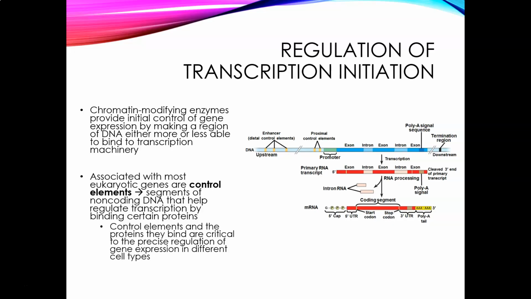So that non-coding DNA helps to regulate transcription by being basically binding docks for other proteins that help to ensure that the RNA polymerase binds appropriately to that promoter and enhance its ability to actually read through the RNA coding region. So both those control elements and the proteins that they bind are really critical to the precise regulation of gene expression in certain cell types.